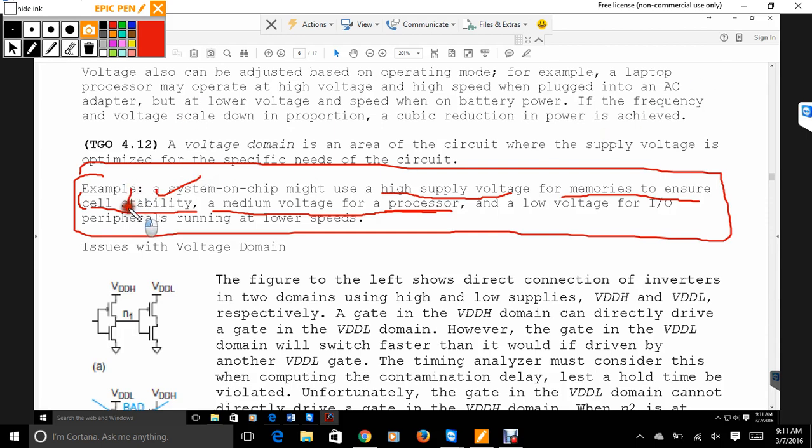So in that case, why do you think, compared to a medium voltage for a processor, this word started with an S, there's another word that goes along with it, starts with a C. If sequential ties in with memory, what is C? It's the opposite of sequential. If sequential is a loop, then it's just a straight line, it doesn't have a loop.